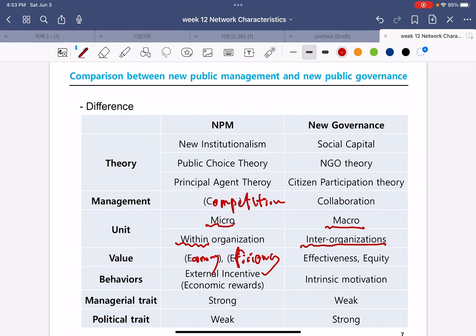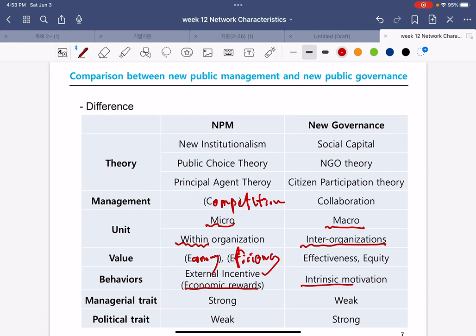Also, as I said, NPM, new institutionalism, and public choice theories emphasize the individual public employees' self-interest. Therefore, external incentives, economic and monetary rewards, are very important to motivate individual public employees.